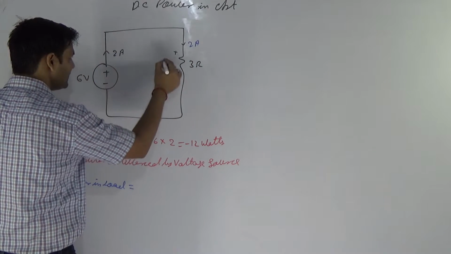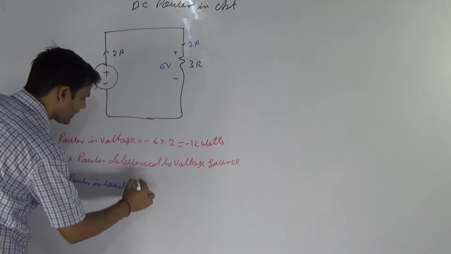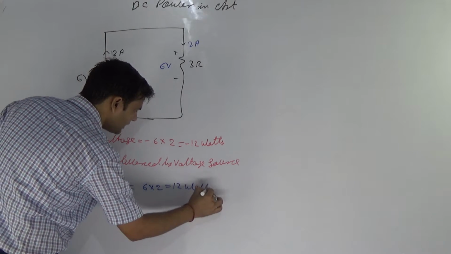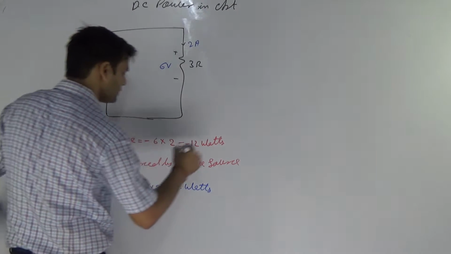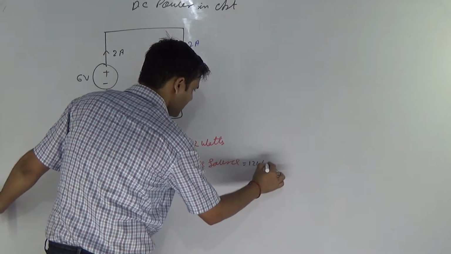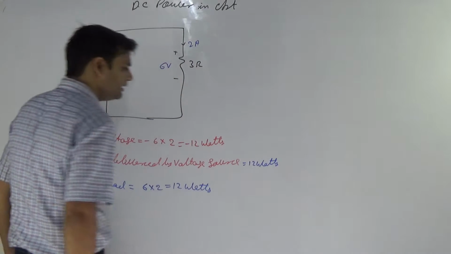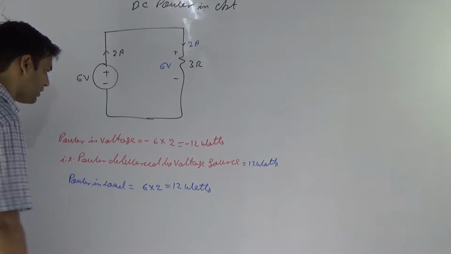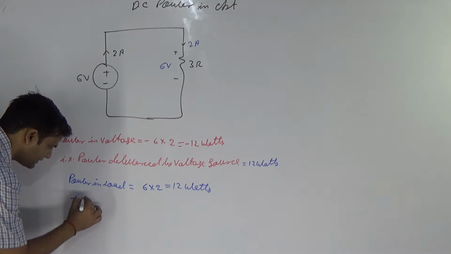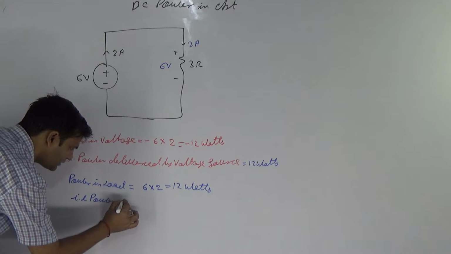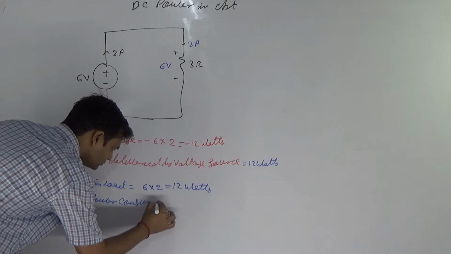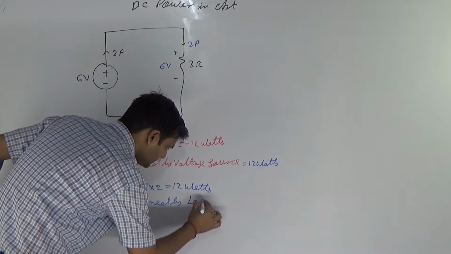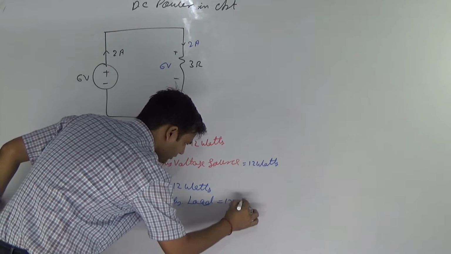Both are in parallel, that's why 6 volt. 6 into 2 is 12 watt. So the minus or plus sign indicates only delivery or consumption. This is 12 watt, which means it is power consumed by the load.